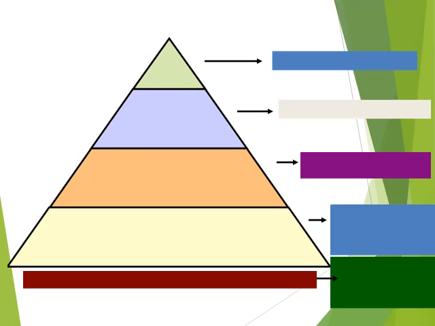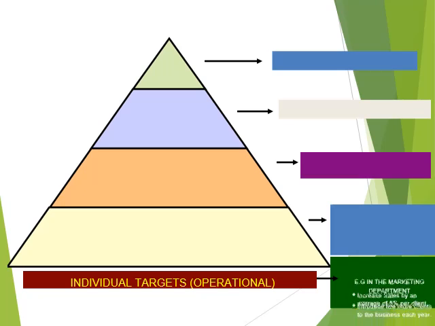This is a hierarchy showing how the corporate aim is divided at every level of the organization. First of all, the individual target is decided. For example, in the marketing department, increase sales by an average of 5% per client, and introduce 5 more clients to the business each year.